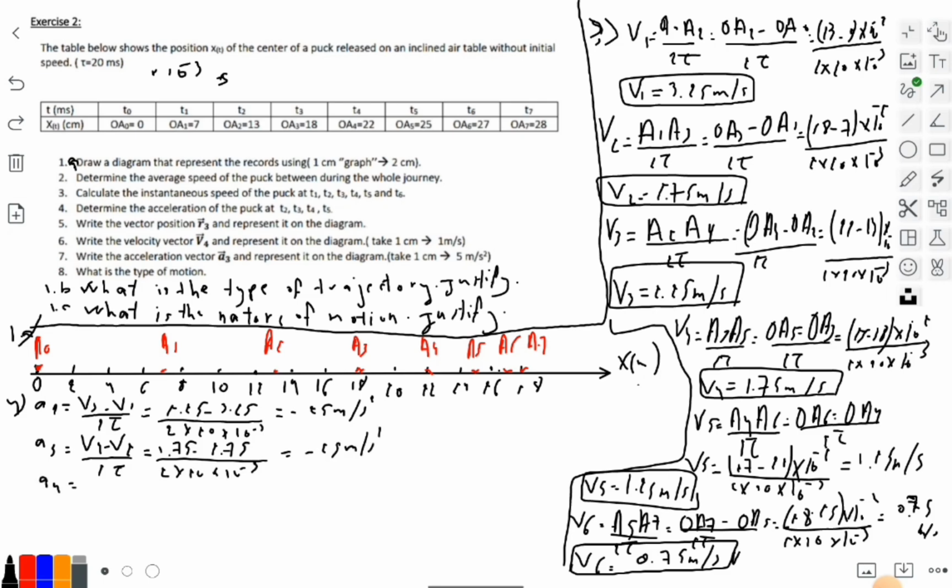A4 equals V5 minus V3 over 2 tau, equal to 1.25 minus 2.25 over 2 times 20 times 10 to the power minus 3. It's equal to minus 25 meter per second square.